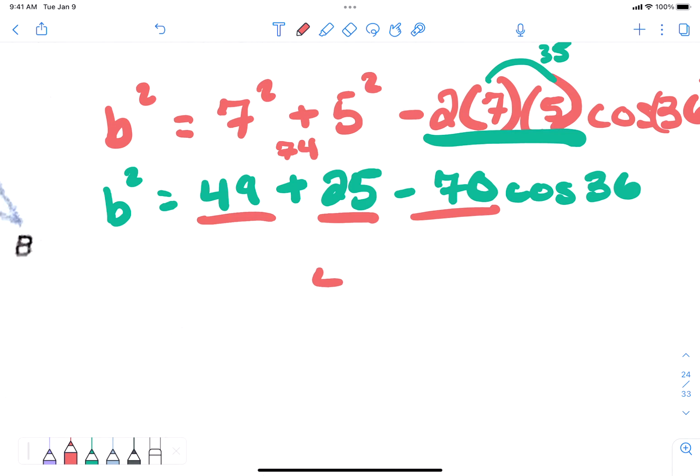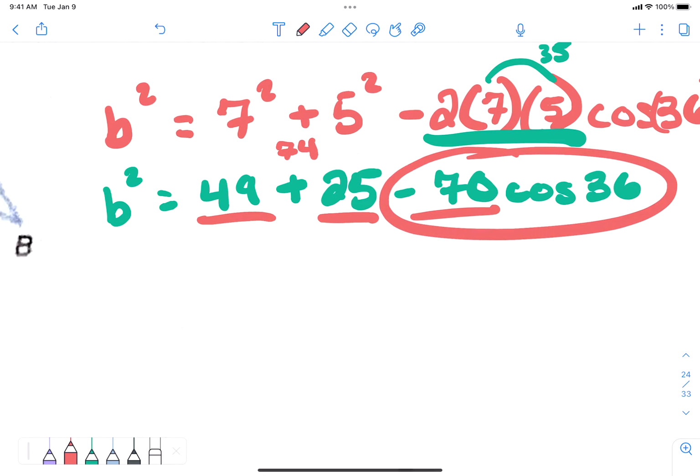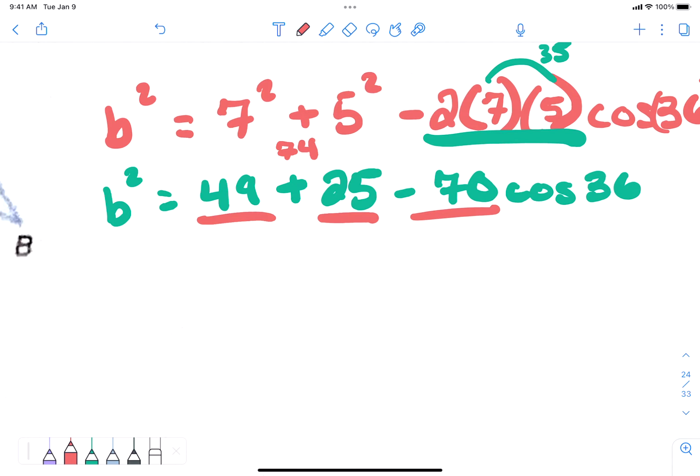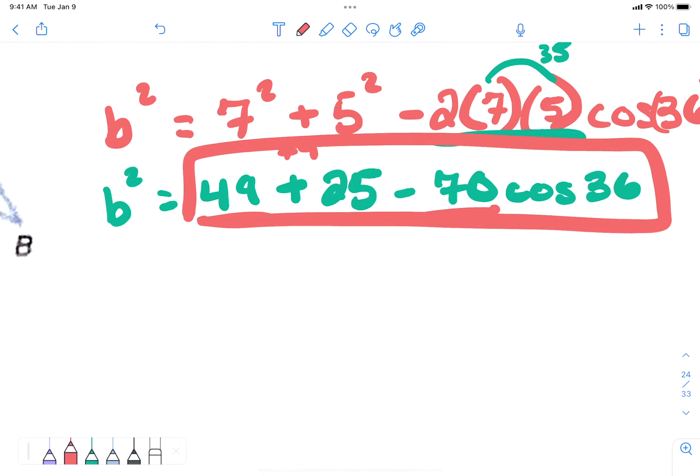The 25 and the 49. You can put that together, but you cannot subtract 70 from it because it's attached to the cosine of 36. So if you want to, in your calculator, type all of this in as one chunk, you sure can. 49 plus 25 minus 70 cosine of 36. You type that in, you'll be fine, right? But don't try to combine these three without keeping that 70 attached to the cosine 36, right?